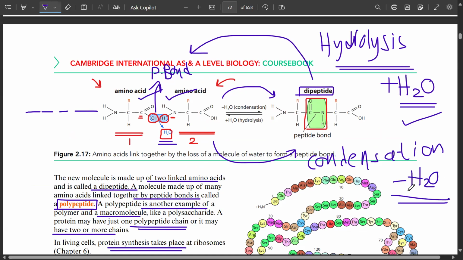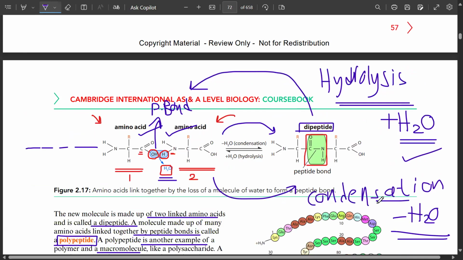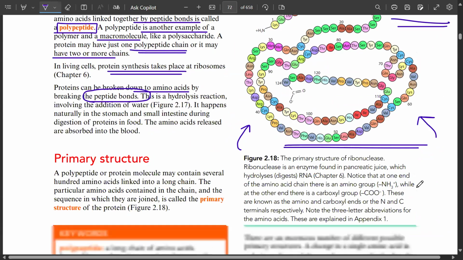What is the difference between condensation and hydrolysis? Tell me quick. Hydrolysis is when you break it down, and condensation is when you form it. Condensation is when you're forming something by removing water. Hydrolysis is when you're breaking something and forming two products by the addition of water.